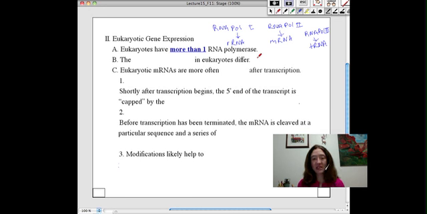So there's a -30 TATA box. And then there are some other consensus sequences at different places. There's a -50 sequence that is a GC sequence. And there's a -100 sequence as well that's a CAT box, a CAAT.